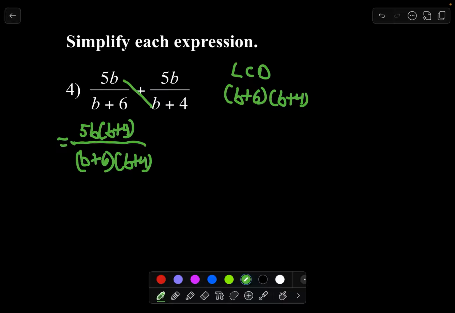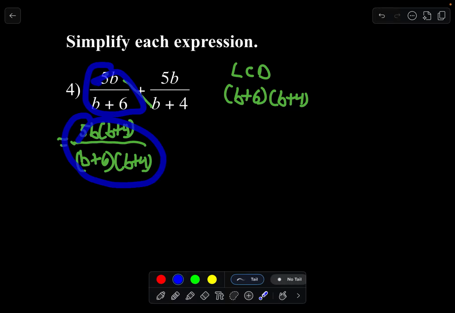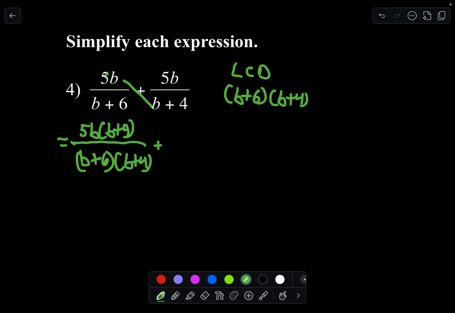Notice I had to add the b plus 4 on bottom because this has to reduce to what we started with. And then it's going to be 5b plus 5b times b plus 6 over b plus 6, b plus 4. Did I say 5? I'm sorry, b plus 4.